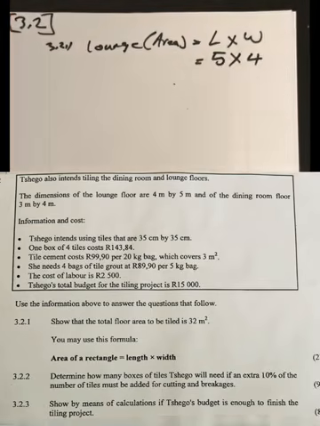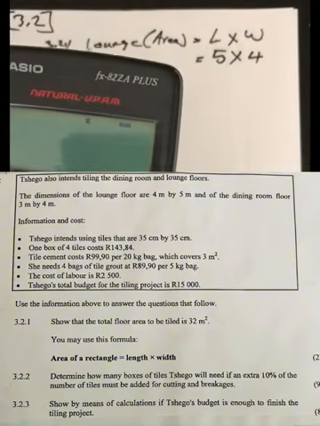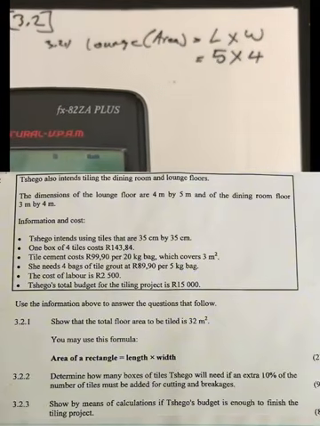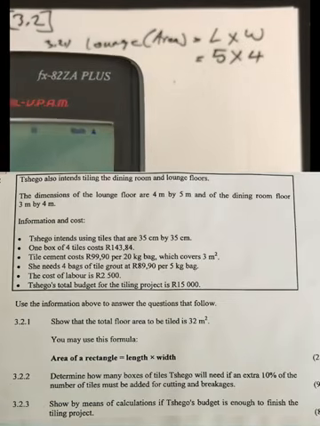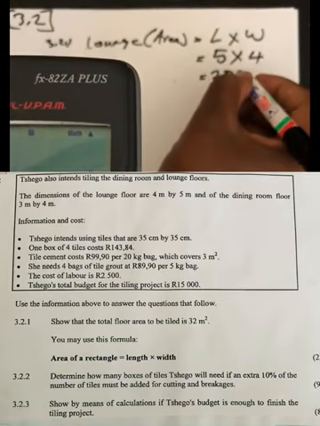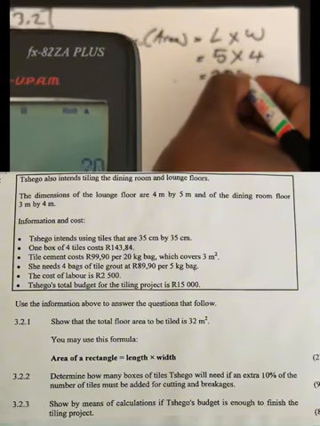So to find the answer on this one, we're just gonna say 5 multiplied by 4. The answer is 20 meters squared.